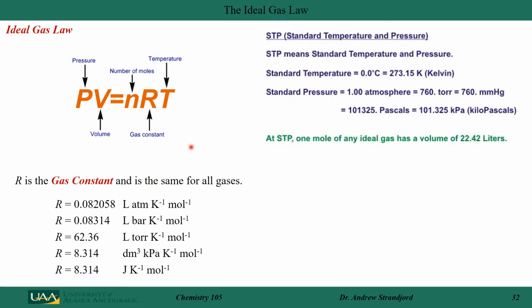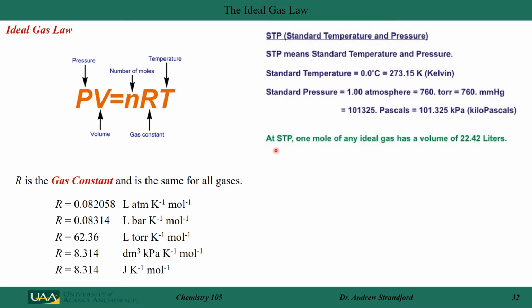A lot of these constants can actually be put together in a larger constant if we measure our volumes at, say, a constant standard temperature and pressure. For example, the standard temperature is 273.15 K. Standard pressure is 1 atmosphere or 760 millimeters of mercury.